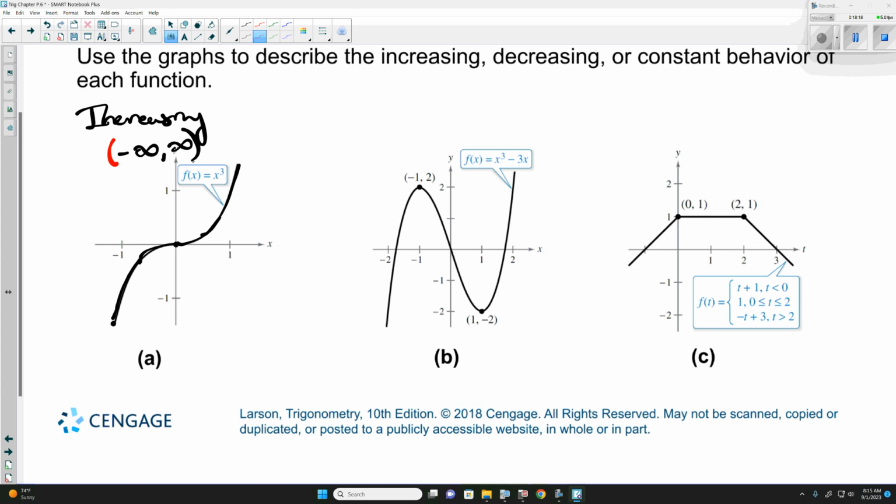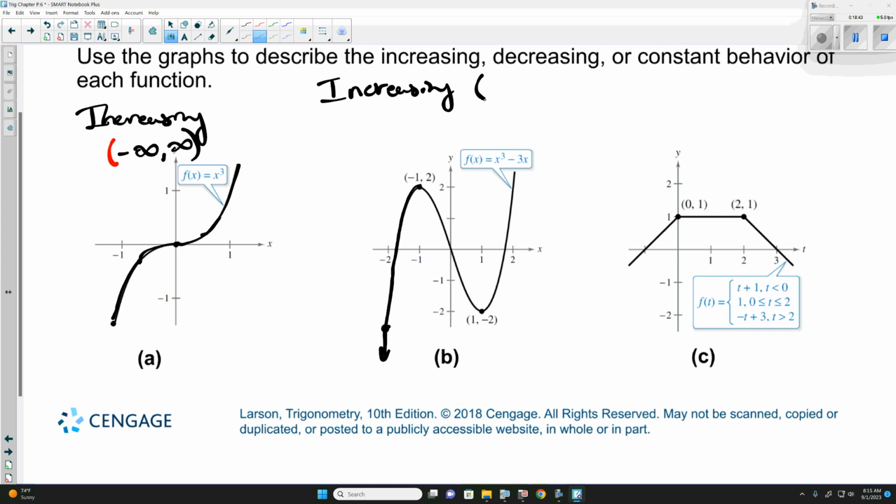Now, if we look at this, x cubed minus 3x, so they took the same function and added a little bit to it. Now, we always start left to right, so increasing. So here, it's where it goes off the graph. So we're coming up from -infinity, yes? It's still increasing, it's still increasing. But at (-1, 2), it stops, yes?